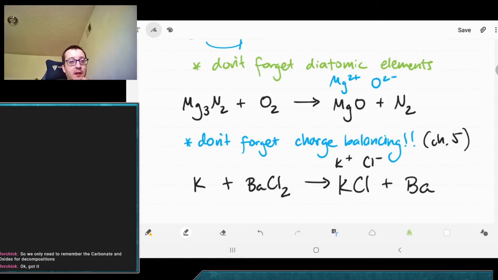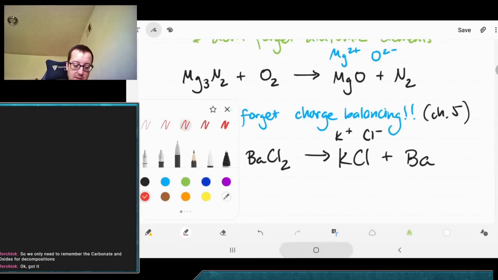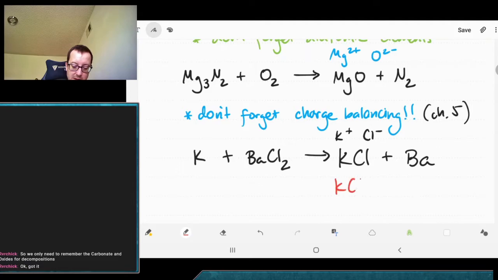A very common mistake students make here is they'll just say, oh, well, why don't we just get this? I'm just replacing the potassium and the barium, right? That's a no-no, right? Because potassium and chlorine only ever form KCl. They don't form KCl2. They don't form K2Cl2.